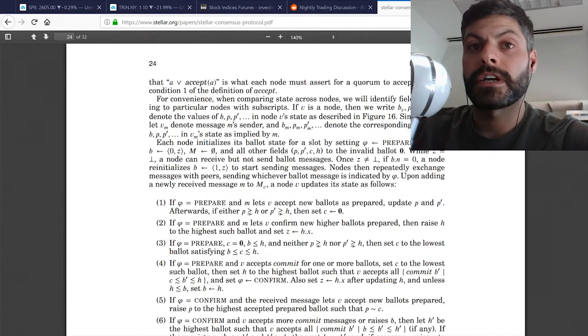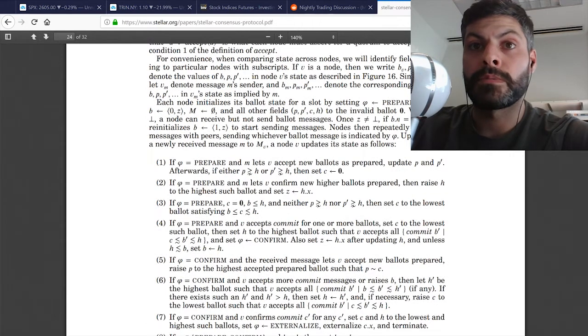3. If phi equals prepare, C equals 0, B is less than or equal to H, and neither P is greater than and not compatible to H, nor P prime is greater than and not compatible to H, then set C to the lowest ballot satisfying B is less than or equal to C, which is less than and compatible to H. 4.